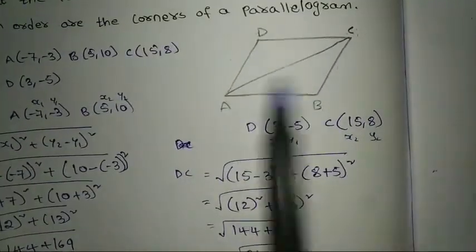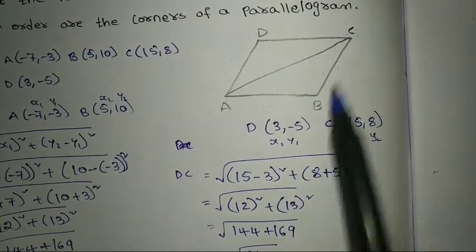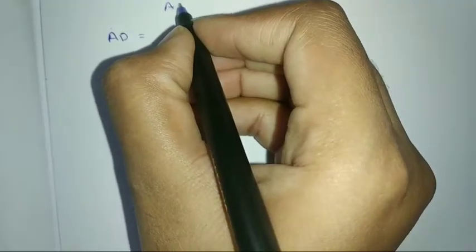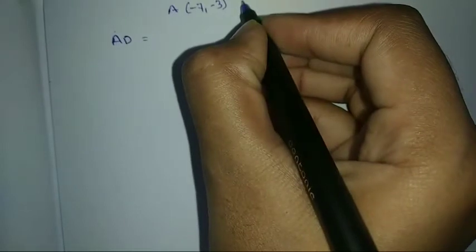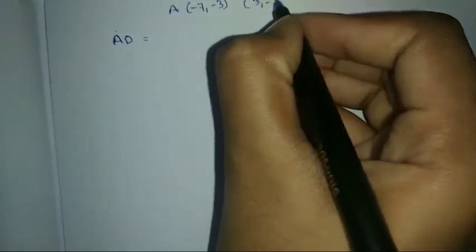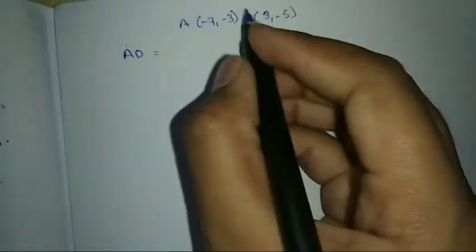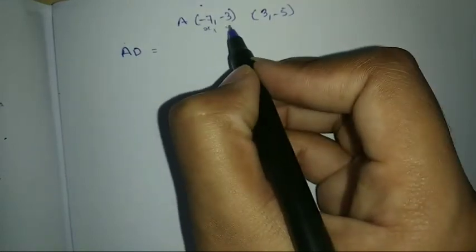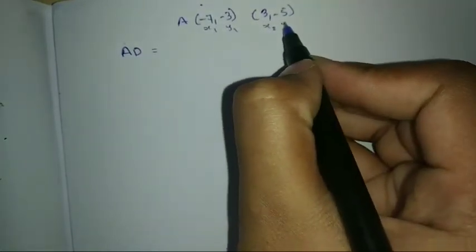Now we have to find AD is equals to BC. AD. A value is minus 7 comma minus 3 and D value is 3 comma minus 5. Okay, so this is x1 y1 x2 y2.